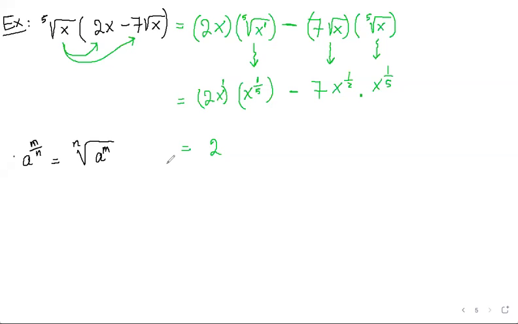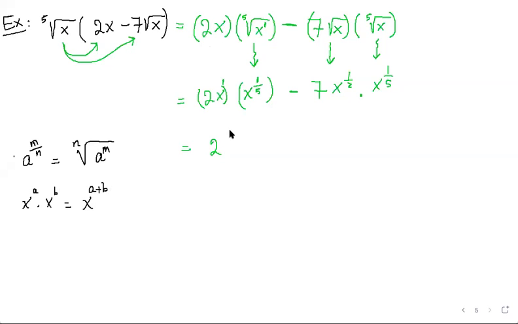This is true. Why? Because I said, again, from the first class, if I have x raised to the power a times x raised to the power b, this would mean x to the power a plus b. So again, here I have x to the power 1 times x to the power 1 over 5.